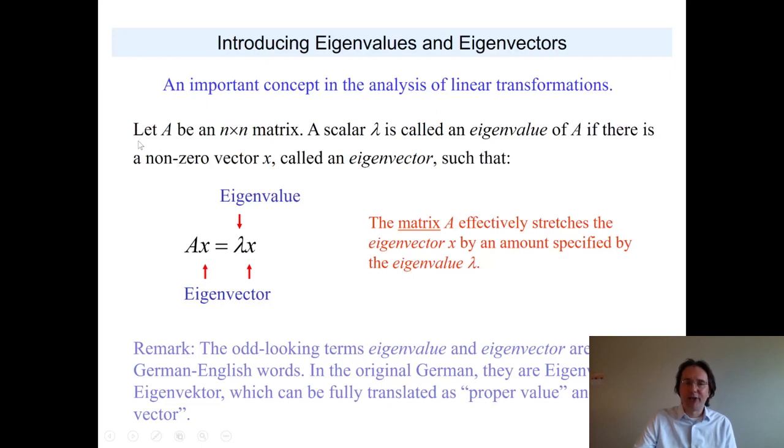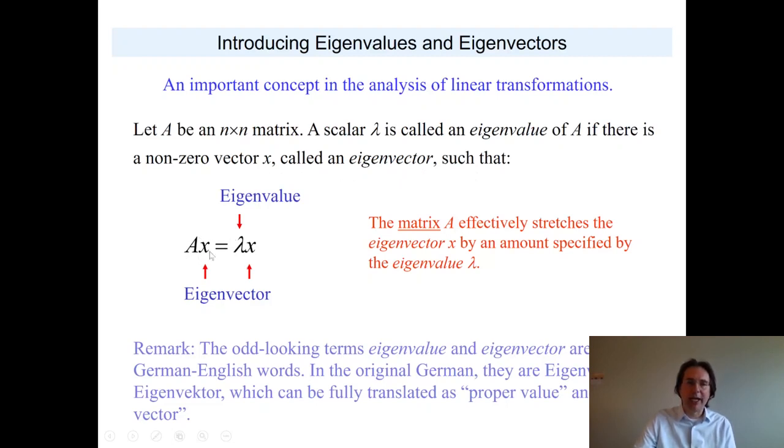Good, so let's start then with introduction and consider matrix A to be an n by n matrix, and then a scalar lambda will be called an eigenvalue of matrix A if there's a non-zero vector x. We call it eigenvector such that the following equation will hold true.